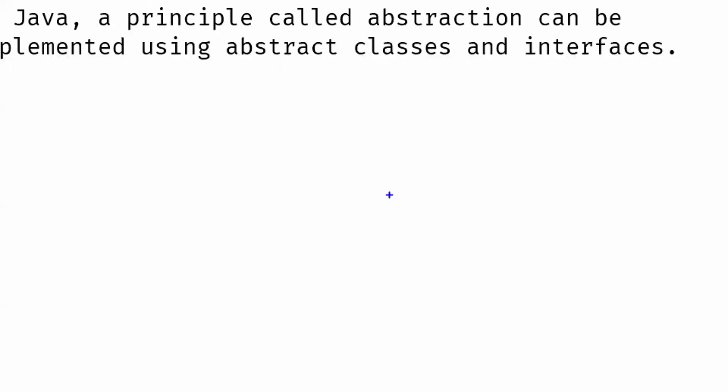Let's say we have a class like Employee. In this, there are two things: one is calculate the salary and one is calculate the bonus. Let's say, for example, void calculateBonus.